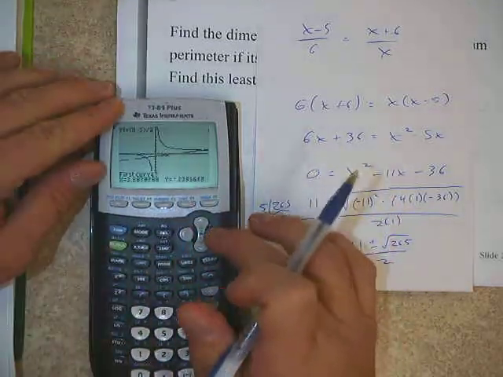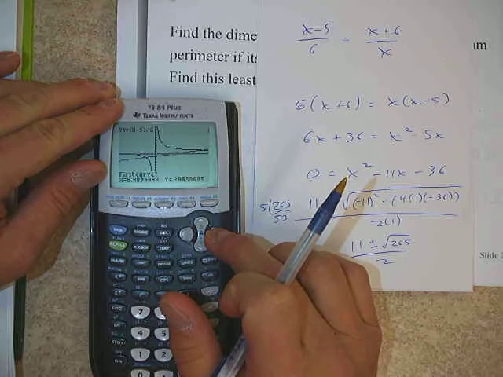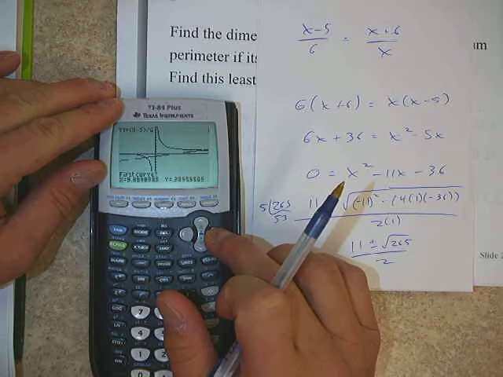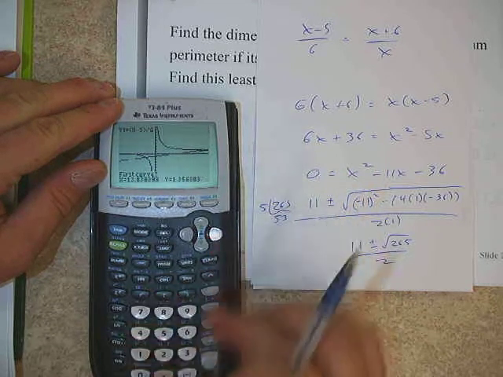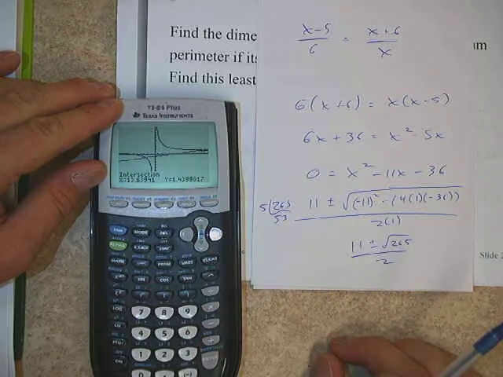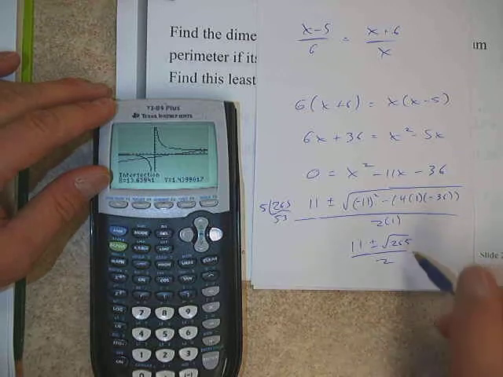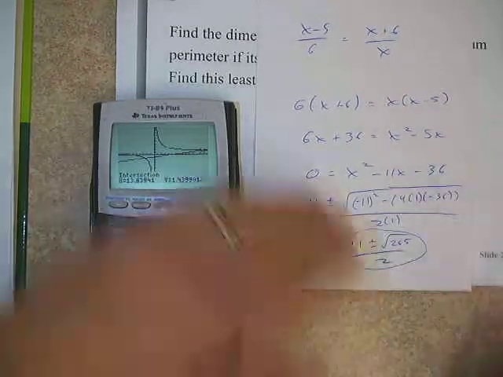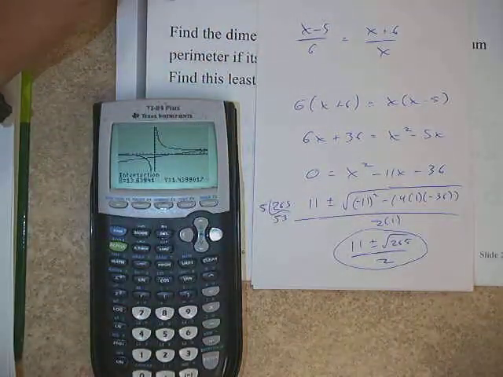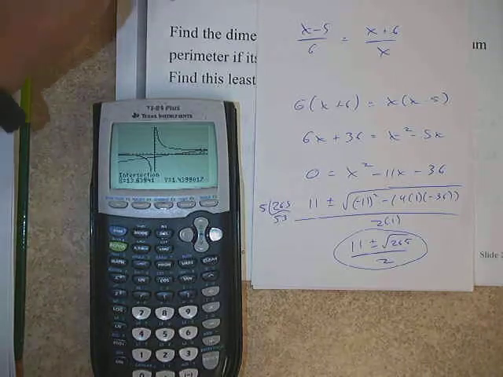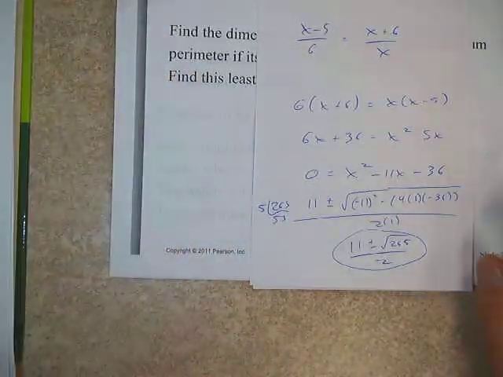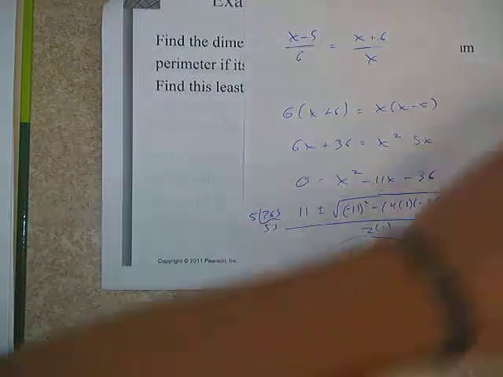And it looks like there it is right there. So let's check it out and make sure that that one works as well. And sure does, 13.639. So that means that both in this case work. We don't have an extraneous solution this time. We have two valid solutions.